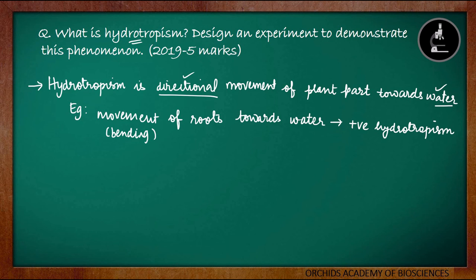So this is about hydrotropism, and when asked to explain the experiment, we can explain the experiment in which we take two containers A and B, and in container B we put a water pot which is made up of clay.